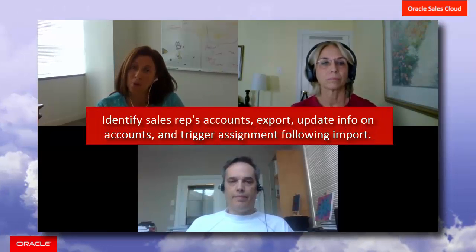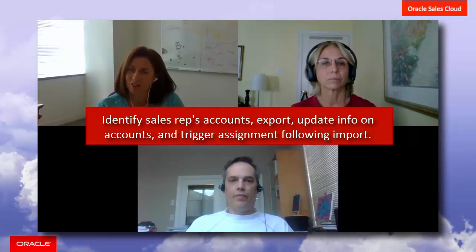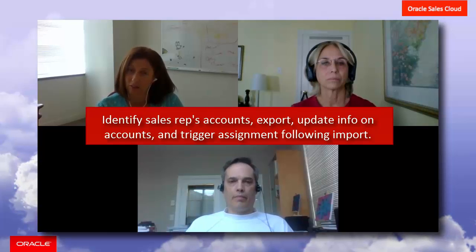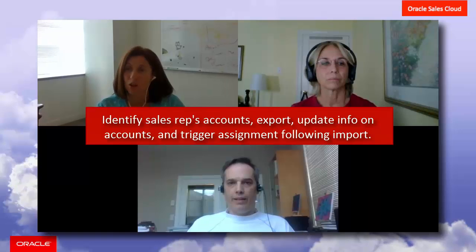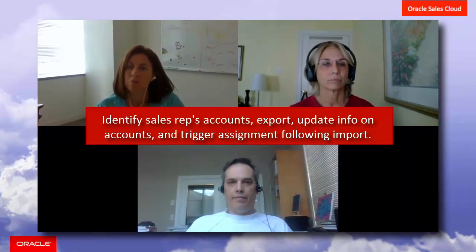Let me use the import process to import the accounts that currently are associated with that rep. Make some change to each of those accounts, and then have the assignment process automatically trigger following the import. And that would be another way to limit the scope so you're not running account assignment on a really broad number of accounts. Right.